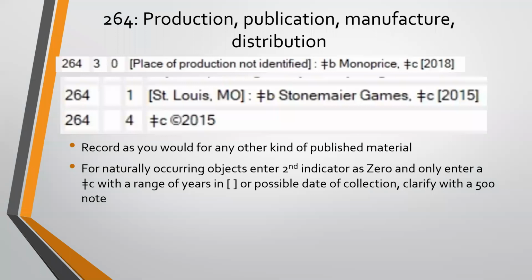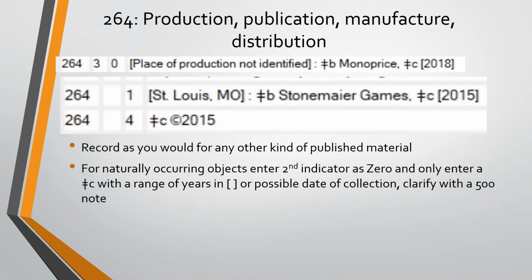And if you have a natural object that was collected at a certain time, you would want to have that in square brackets with a 500 note clarifying, oh, this was collected by, if you know who it was collected by, so and so at this location at a date.